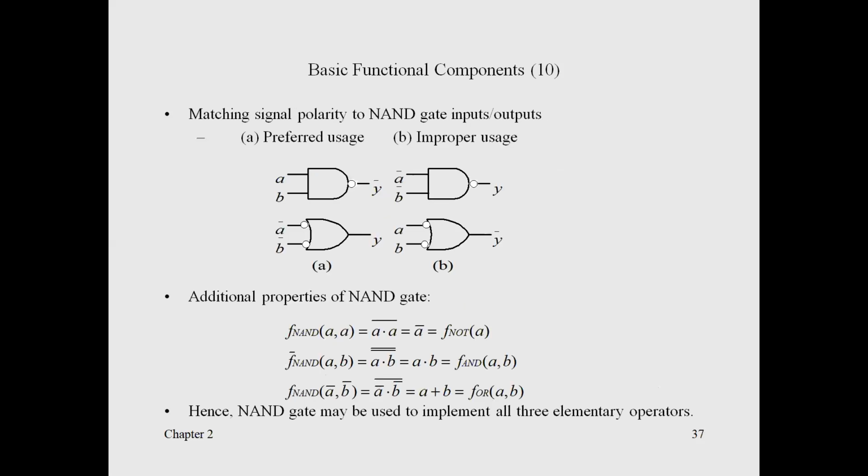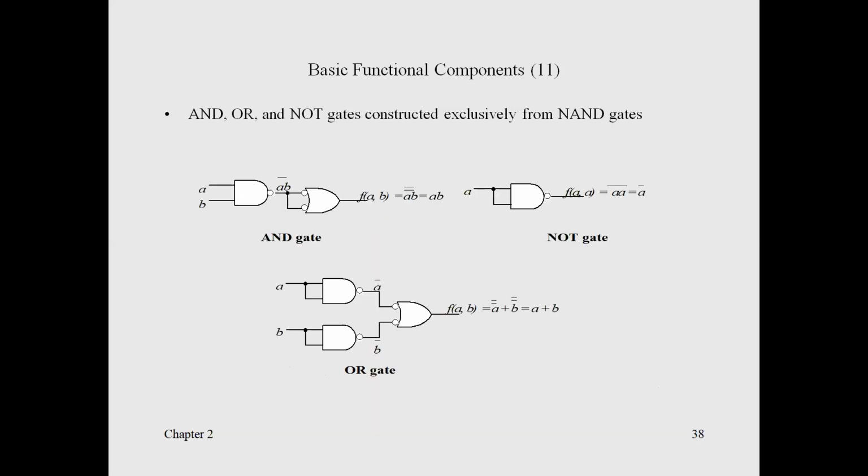So as you can see here, now we have discussed the basic gates AND, OR, NOT. Now let us discuss the implementation part. Suppose you are having NAND gate, and you want to construct the others, because NAND and NOR are basically universal gates. Why? Because using these gates you can implement any of the desired functions.